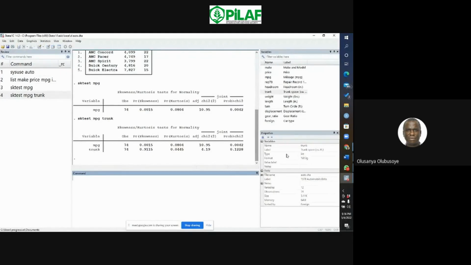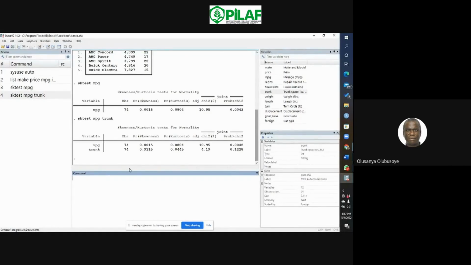But the second one is looking at the thickness of the variable. It is the p-value also that you compare with the alpha to say whether the peak of this distribution is a bit higher or lower than that of the normal distribution.